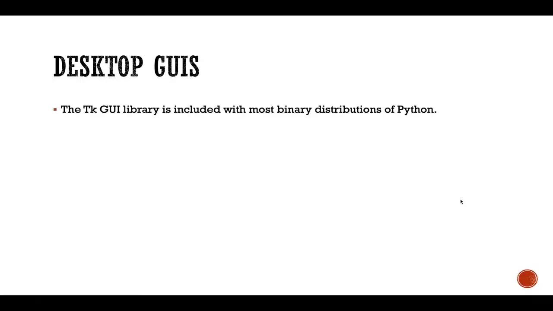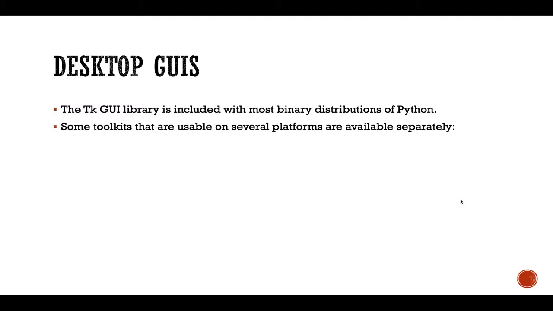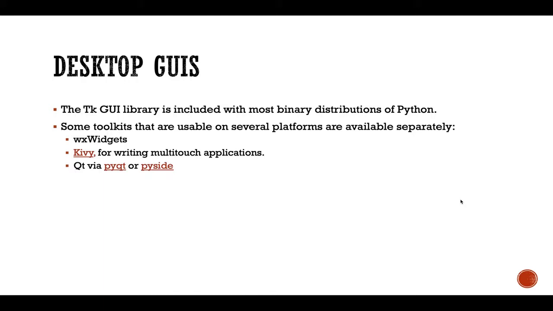Next application area of Python is desktop GUIs. There are various libraries available. Tkinter is the most famous GUI library of Python. There are also some toolkits available for several platforms like wxWidgets, then Kivy for multi-touch applications, then you can have Qt via PyQt or PySide.